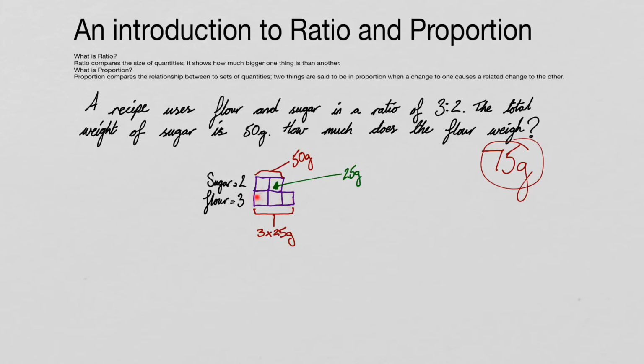Draw a diagram. And remember, to work out what we have here, there are 5 parts. That's important to note. There are 5 parts, 3 plus the 2. The total number of parts for this calculation, there are 5. So the total weight of flour and sugar together would be 25 times 5.